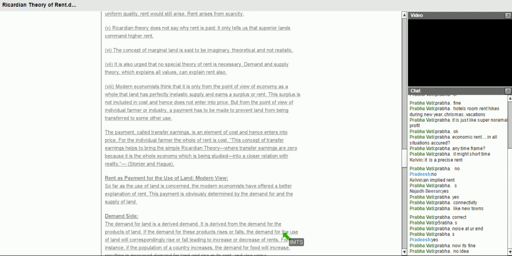So this difference between 100 and 200, that is rupees 100, is the transfer earnings. Means when we put the same piece of land to another use, what we get is the transfer earnings. It is something like opportunity cost also, but it is in terms of earnings.